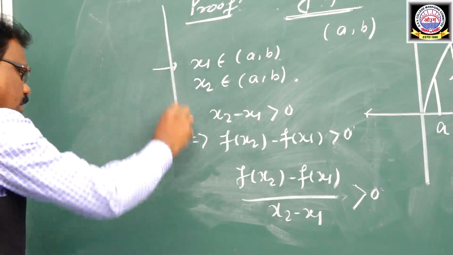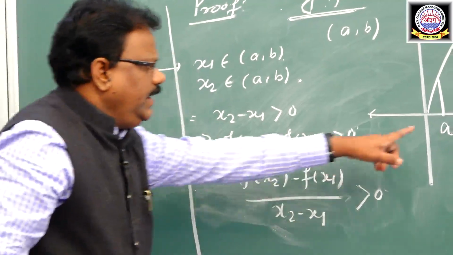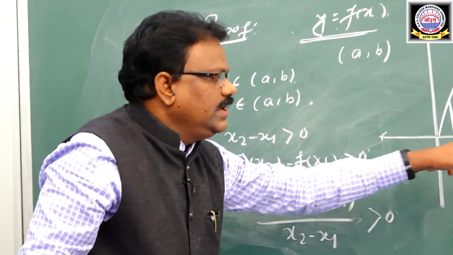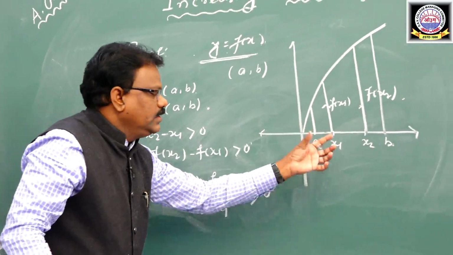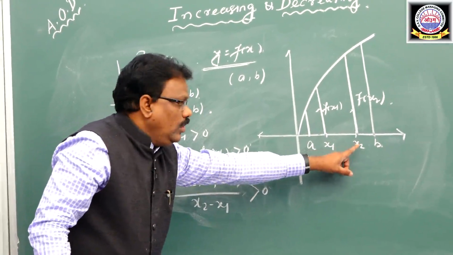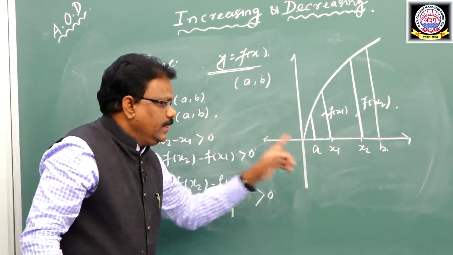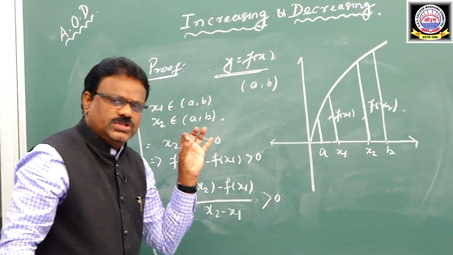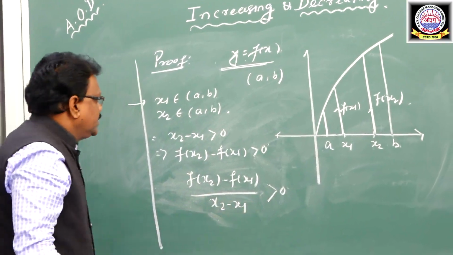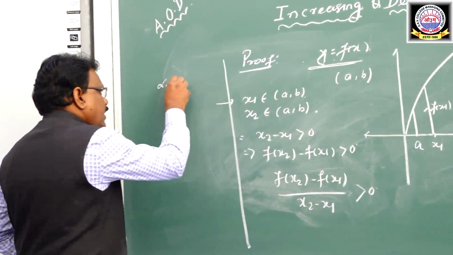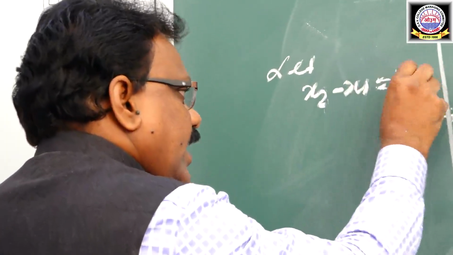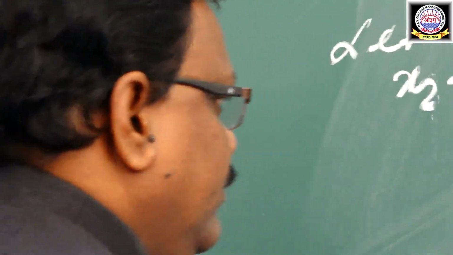I will apply the concept of limits. Let the 2 points we have chosen in between the a and b interval be very close to each other. Close to each other means let x1 tends to x2 or x2 tends to x1. If x1 and x2 are very close to each other, their difference will be very, very small. Let this difference be h. Let x2 minus x1 be h, and h is very, very close to 0.